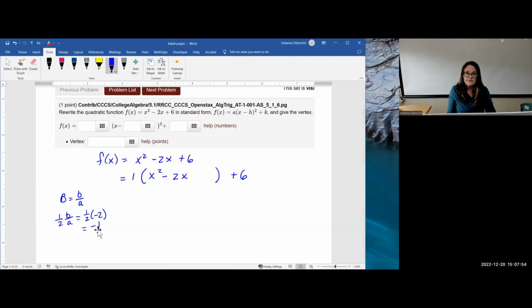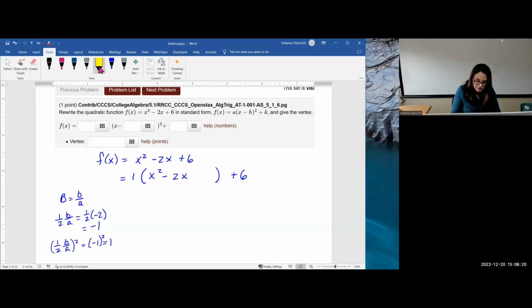I forced it to fit a pattern. Now, what I'm trying to build here is what's called a perfect square trinomial, so that it factors as the same binomial times itself, a binomial square. So the next thing I want to do is take half of this b over a and square it. So this would give me -1 squared, which gives me 1.